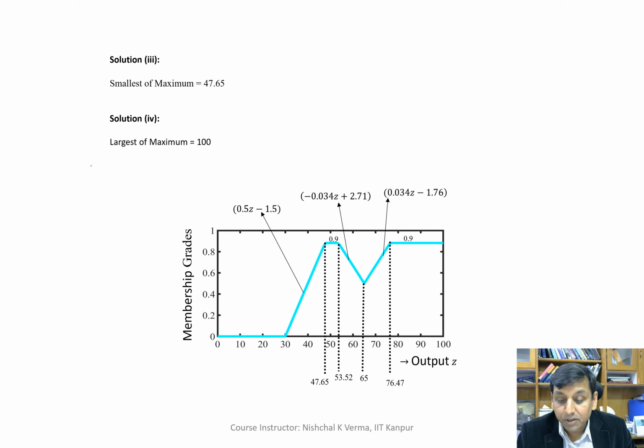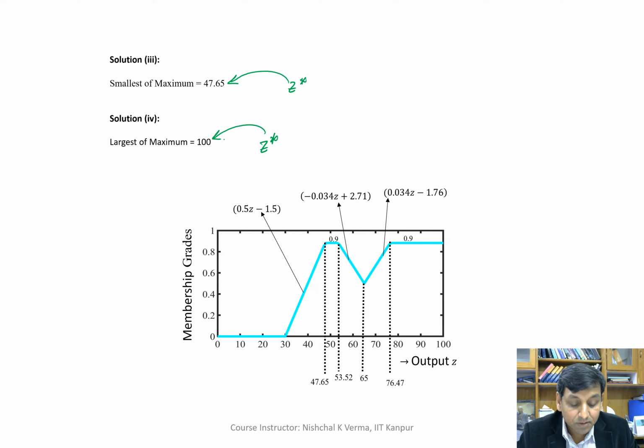Similarly, when we use the smallest of maximum method, we get z star, the output corresponding to x equal to 55 and y equal to 45, that is 49.65. Similarly, when we use largest of maximum, our z star is 100.